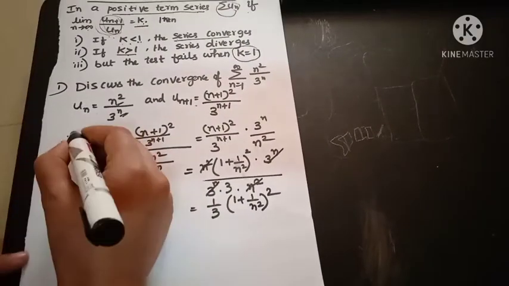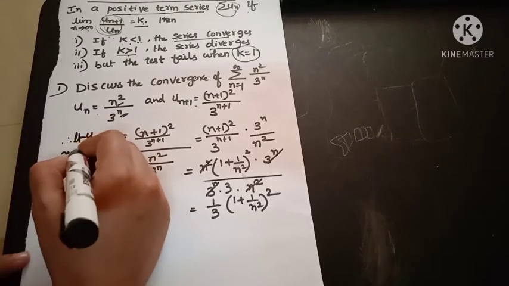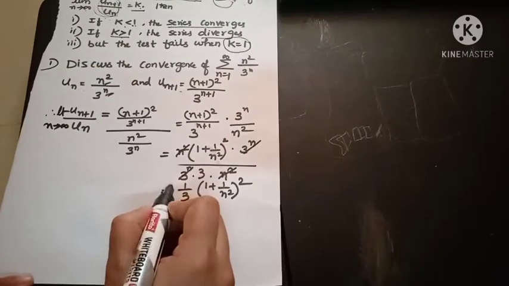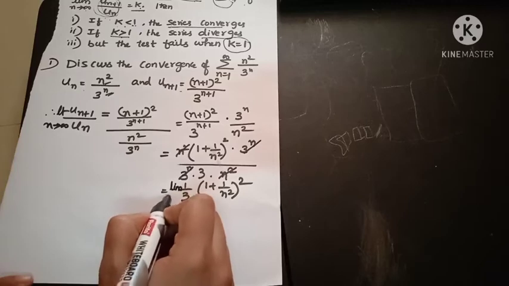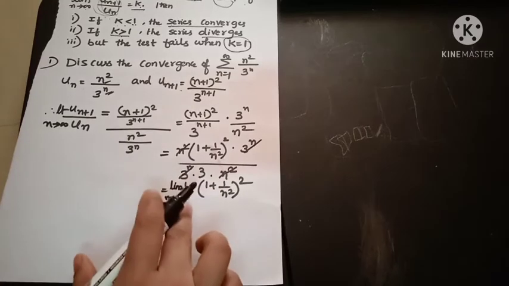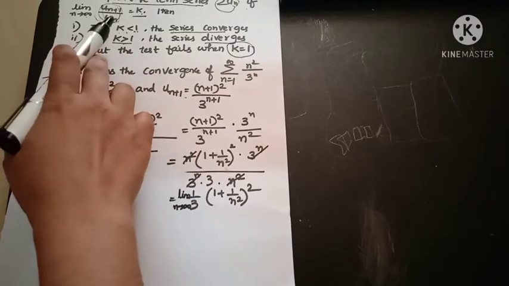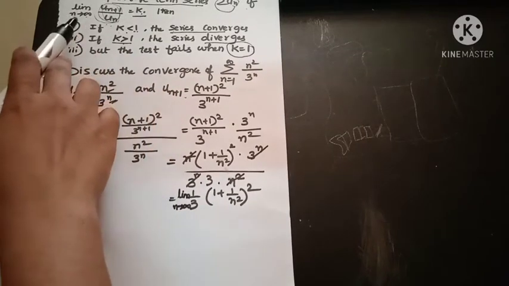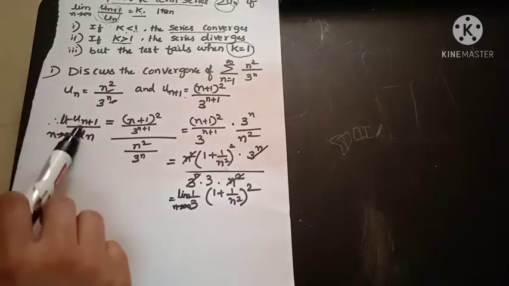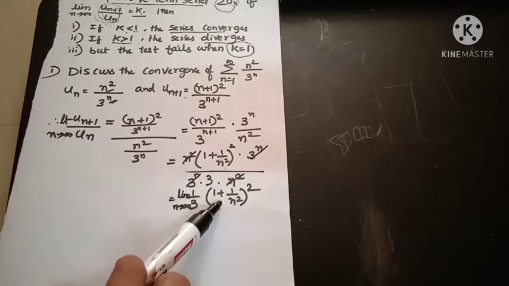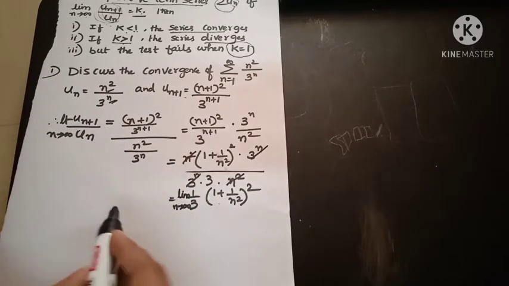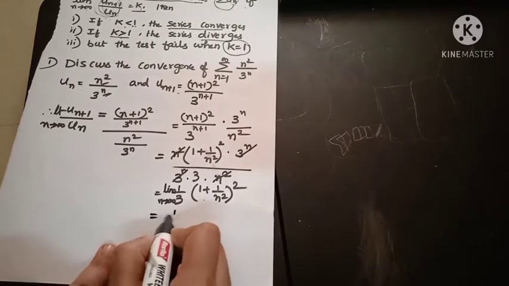So the next step is we'll apply the limit as n tends to infinity to this ratio, and the value is nothing but the k value. First you find this ratio and then apply the limit. We have found the ratio, and then we apply the limit and see what value we get.